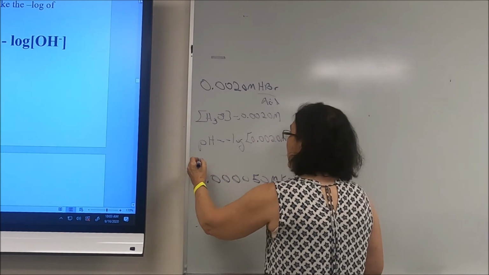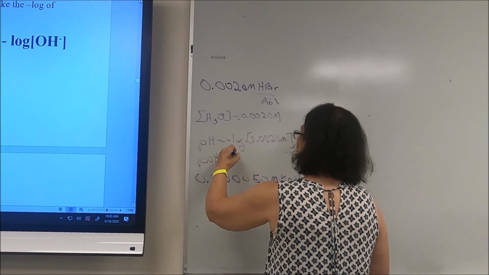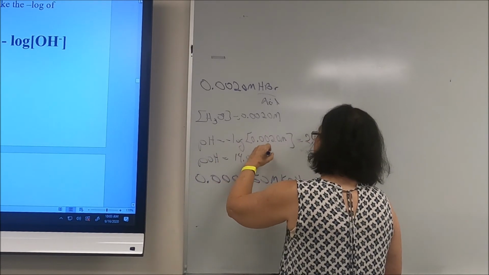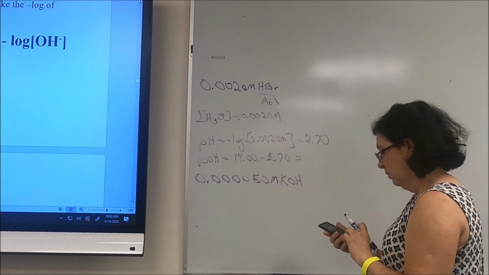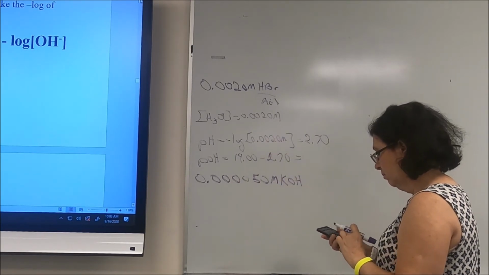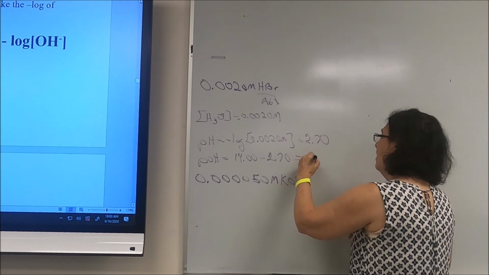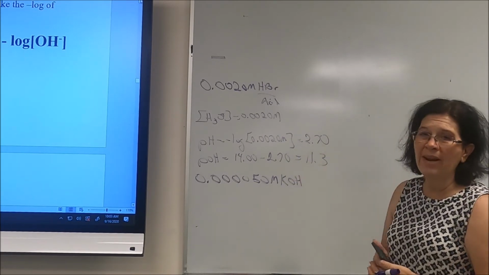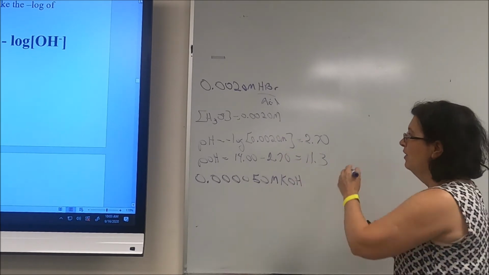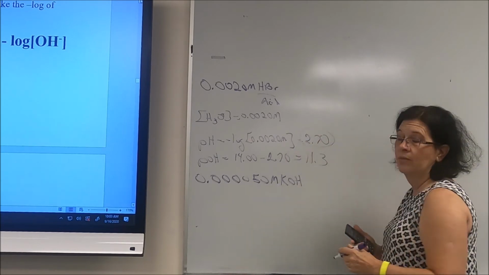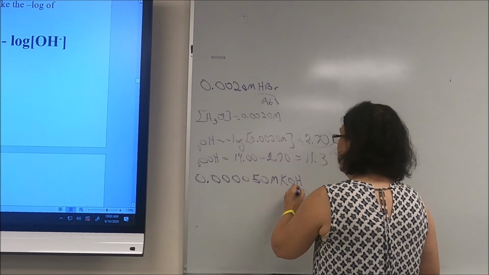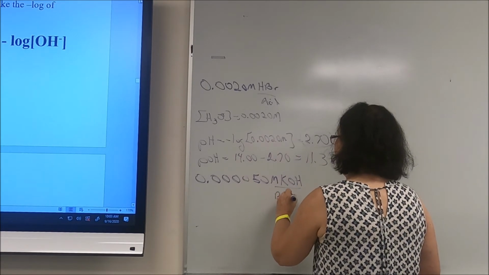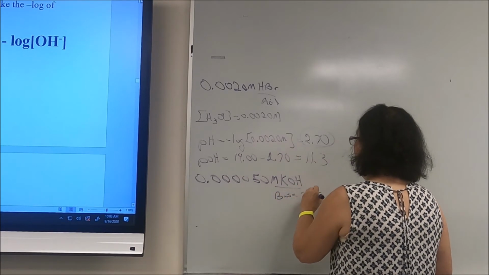Now, the pOH for this solution is just going to be 14.00 minus 2.70, and that's 11.3. Now, you don't hear pOH nearly as often as you hear pH, but I want you to know both.